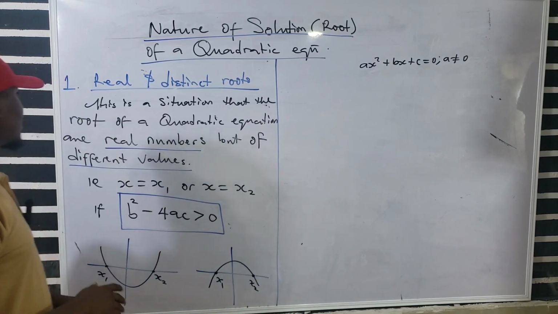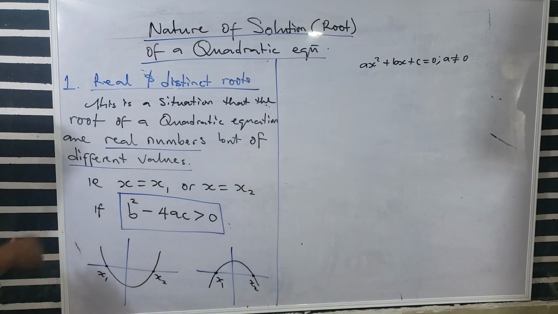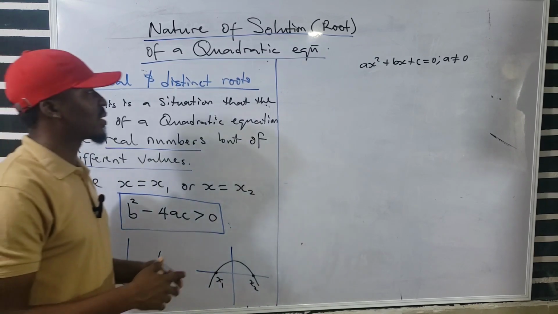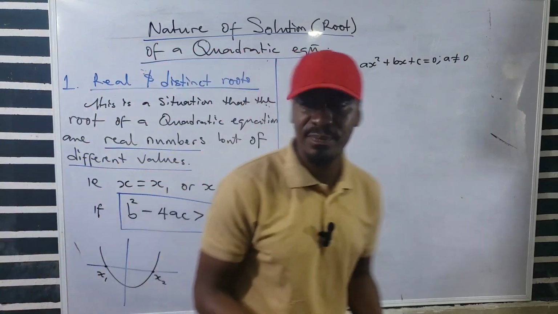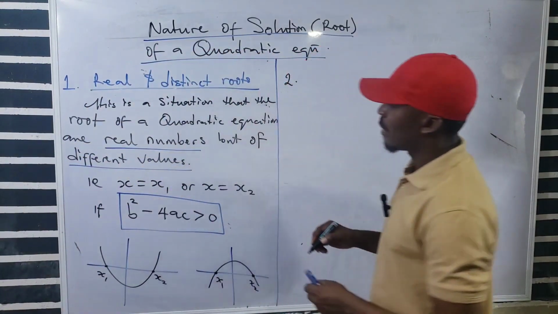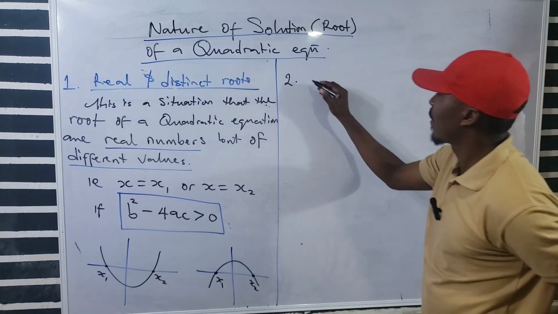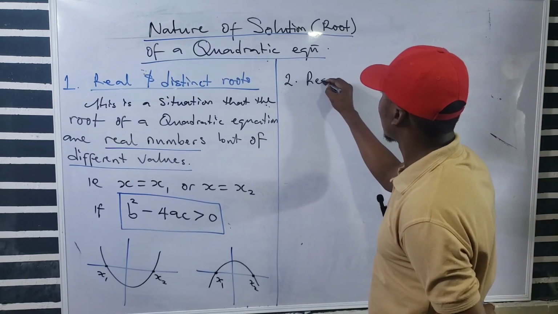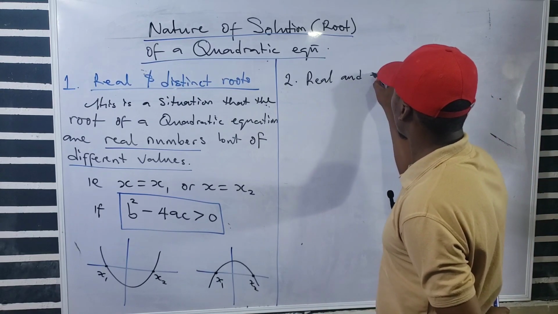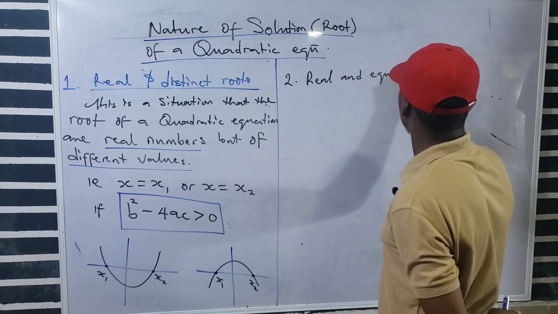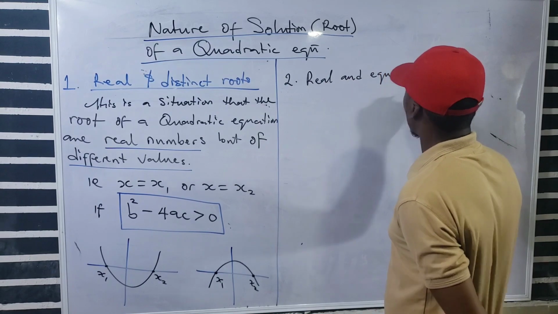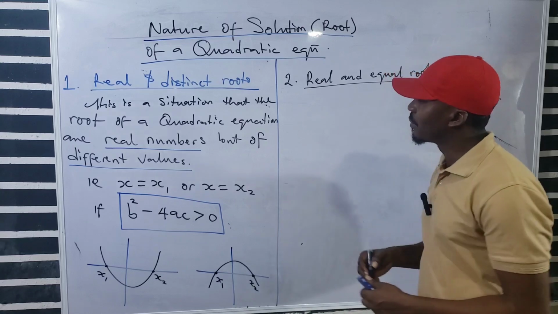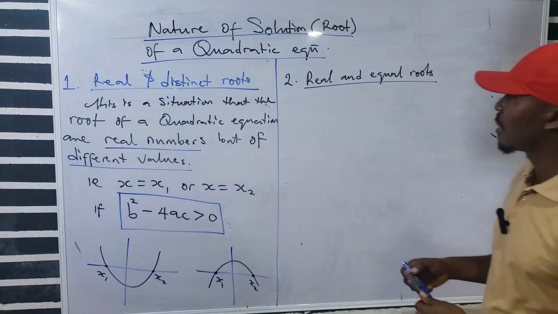So let us look at the second type of solution that we can get when solving a quadratic equation. Number two, real and equal roots. Real and equal roots.